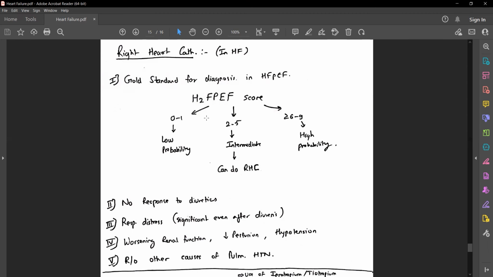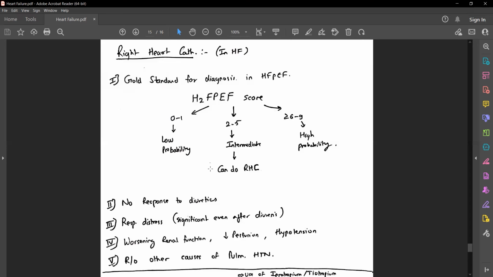So you could use a medical calculator and calculate this H2FPEF score for a patient in case of HFpEF. If the score is 0 to 1, it is a low probability. If the score is 6 to 9, it's a high probability for HFpEF. But if you have an intermediate score, 2 to 5, in those cases you can proceed with a right heart cath and get a better idea of the dynamics and the pressures inside the heart.